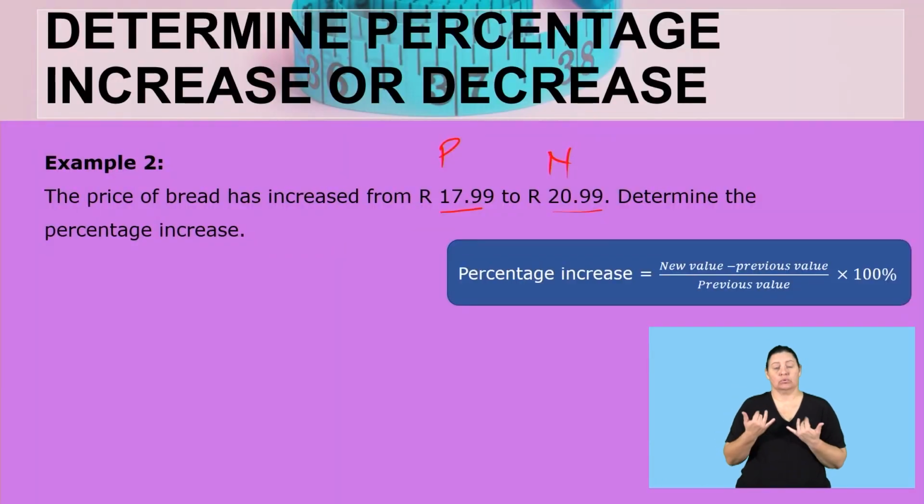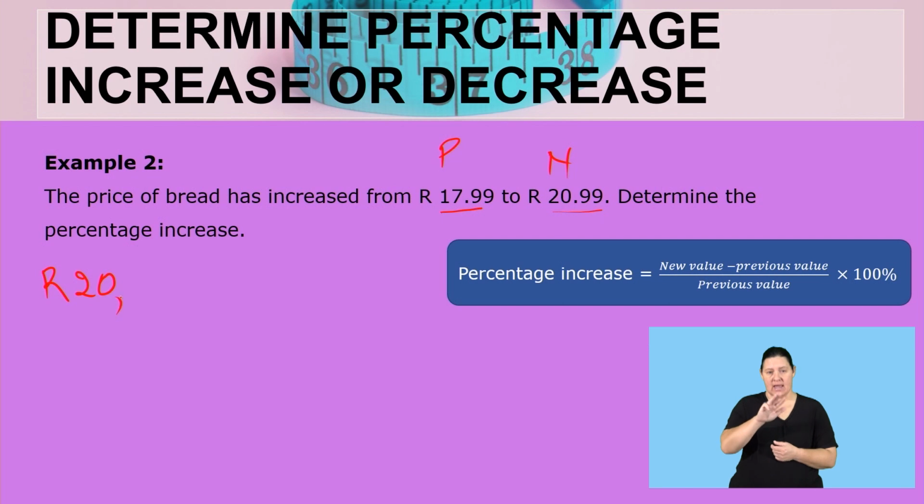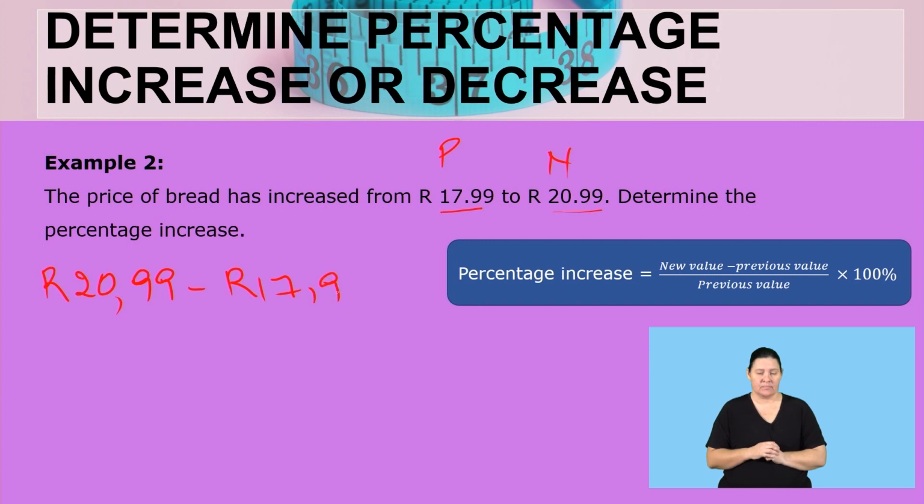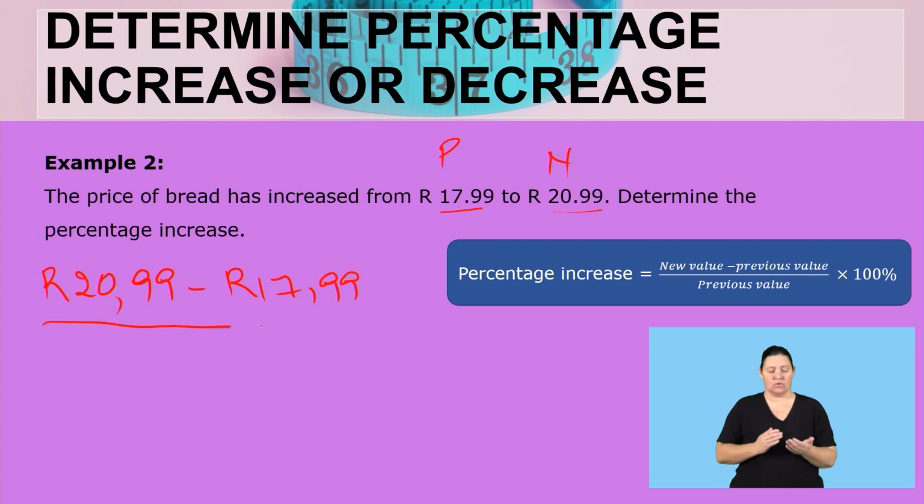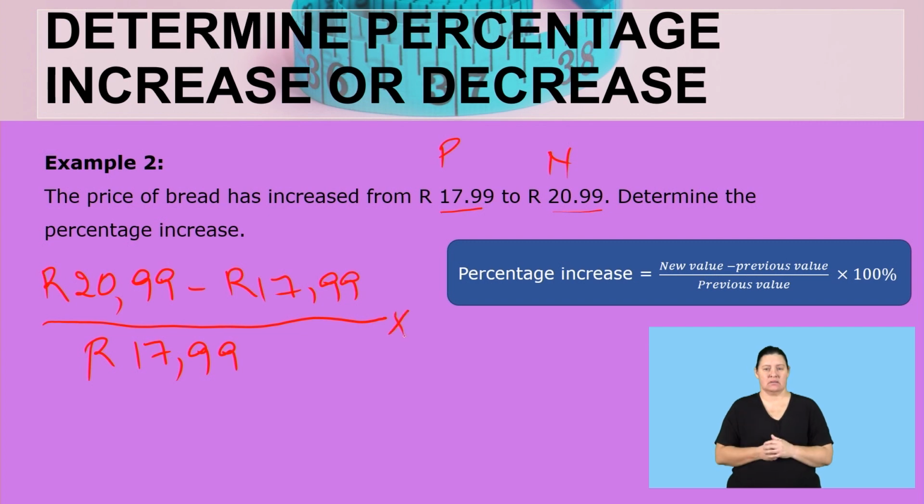Because we use the formula, we take the new price, which is 20 Rand 99. We subtract 17 Rand 99, and then we divide this by the previous price, which is 17 Rand 99, and then we multiply this by 100%.